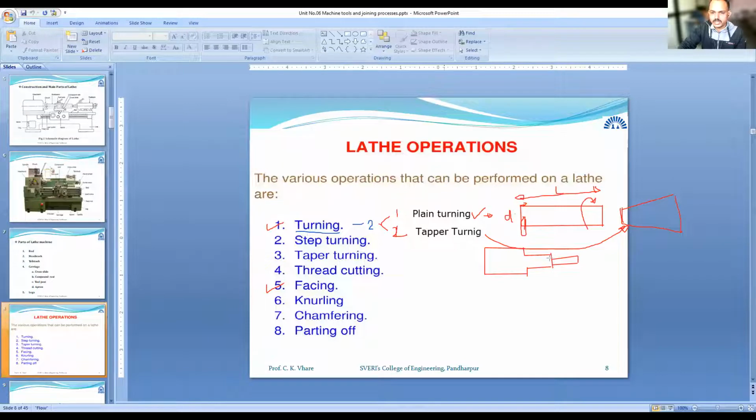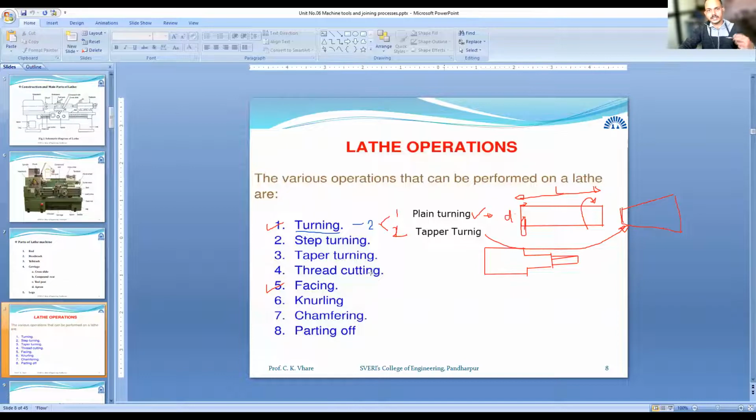The line should be straight here. So this turning is step turning. Here we reduce the diameter to, suppose, 20 millimeter, here we have a diameter of 40 millimeter, and here 60 millimeter. This turning process is called step turning. Taper turning I have shown here.